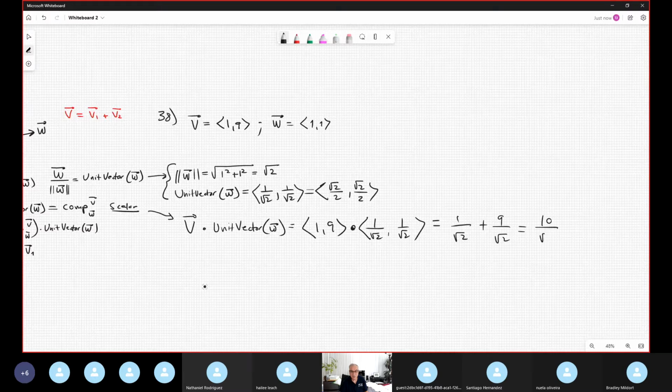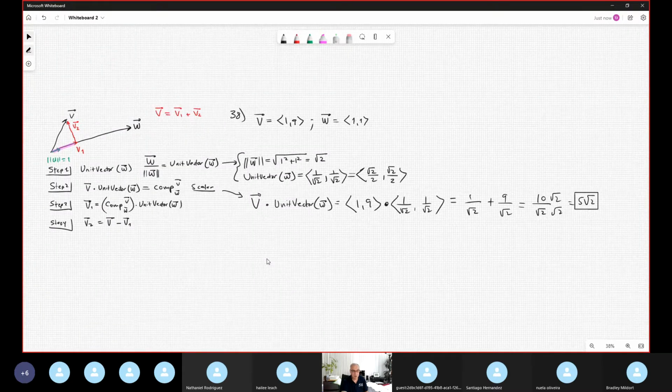And this is 10 over radical 2. Now, if you want, at this moment, rationalize: radical 2 times radical 2 is 2, and 10 divided by 2 is 5, so you get 5 radical 2. And this is the top one. That 5 radical 2 is the length of the vector B1.